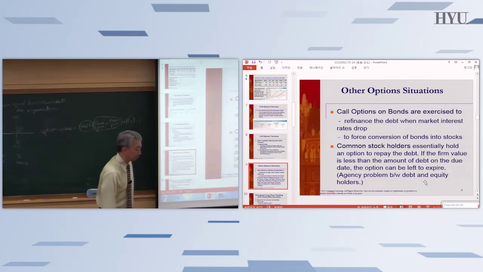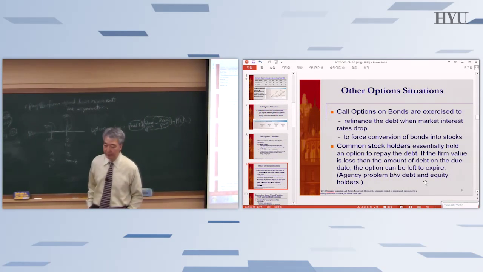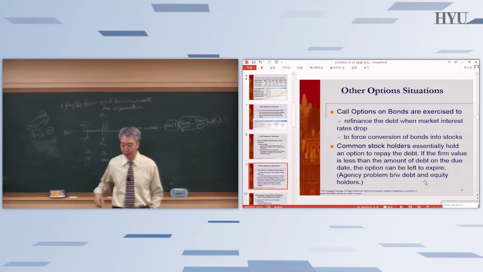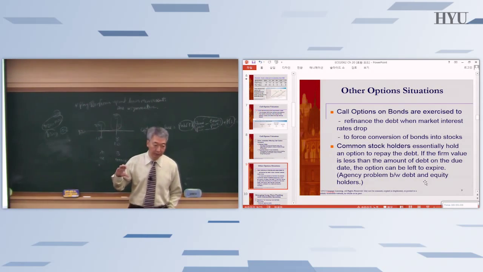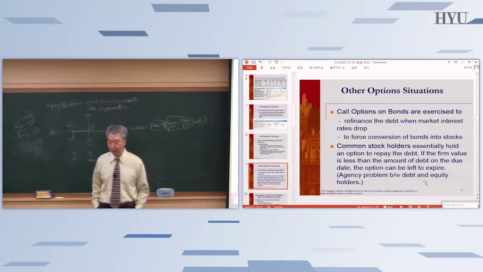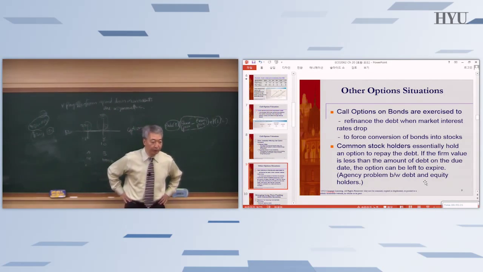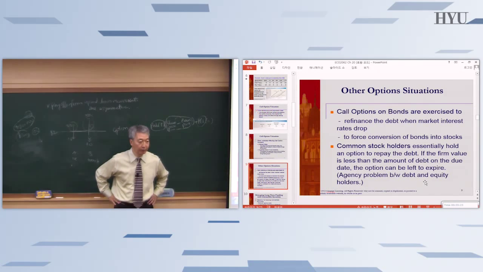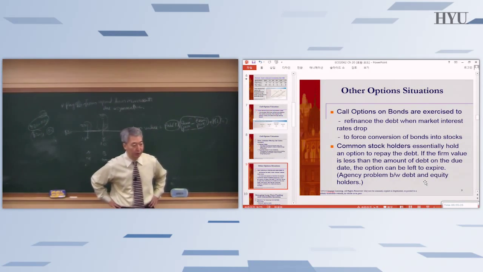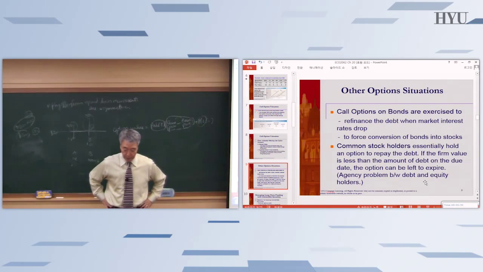Some bonds, when they are issued, the indenture is a contract that lists all the conditions about this bond. It specifies this bond is callable at some point in time, and if this bond is called, then the holder of these bonds will receive a certain amount as the payment and so on. So what about this call option?